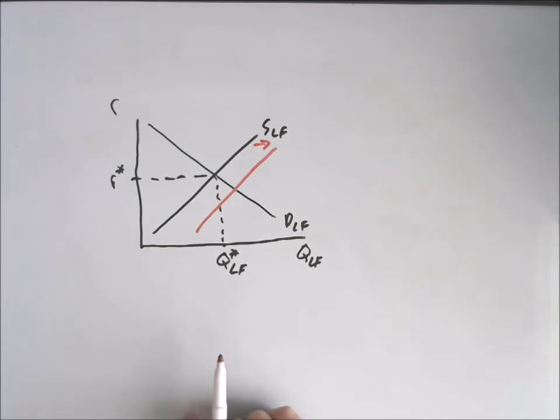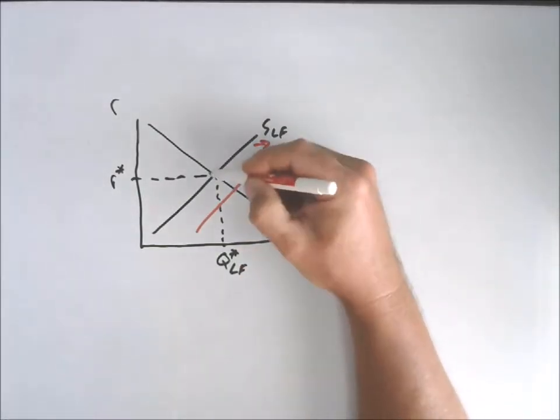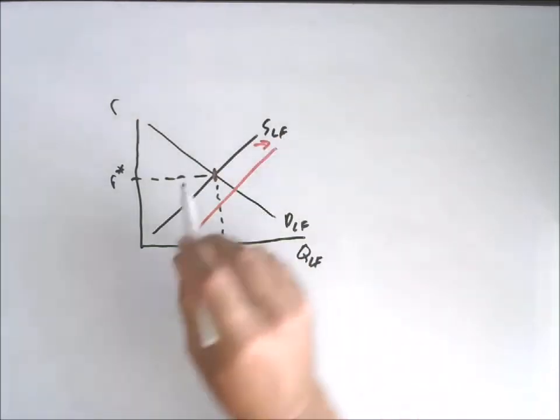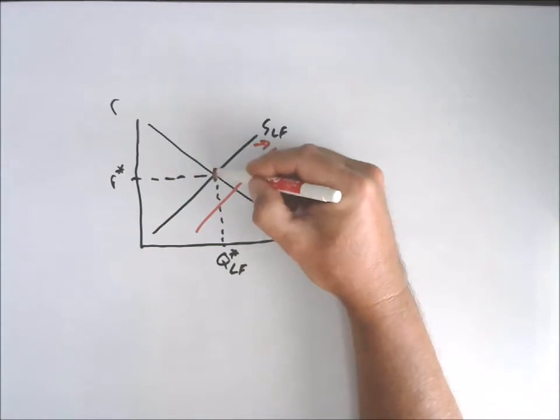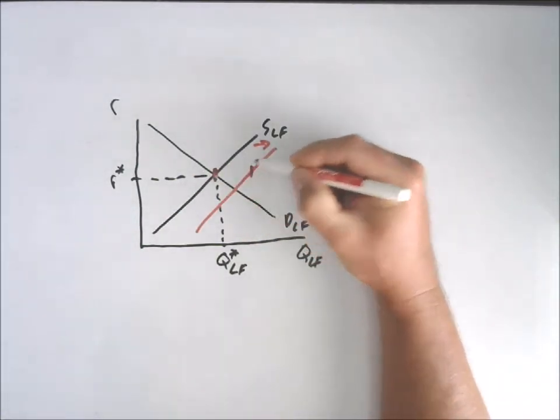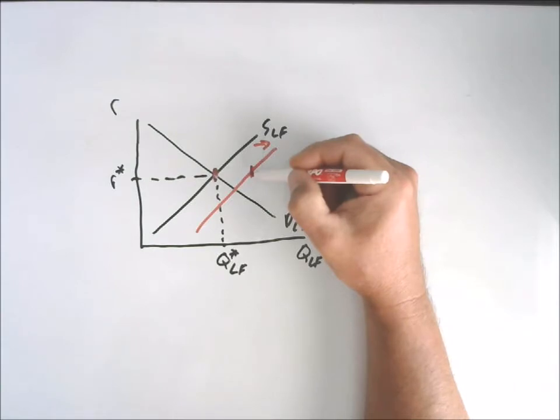Now, if this occurs, what happens is that the quantity demanded of loanable funds at the original interest rate is right here. But for some reason, people are willing to save a lot more money at that interest rate.